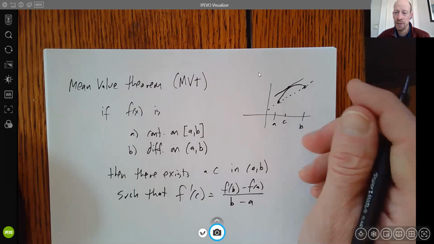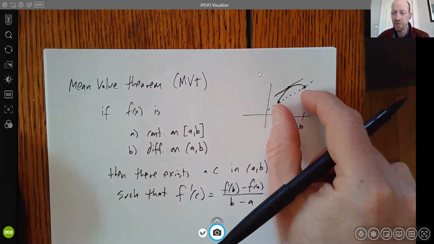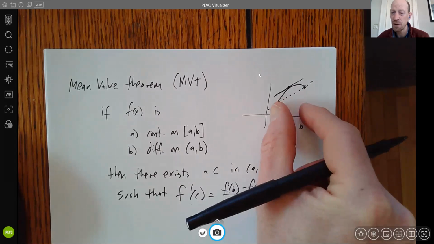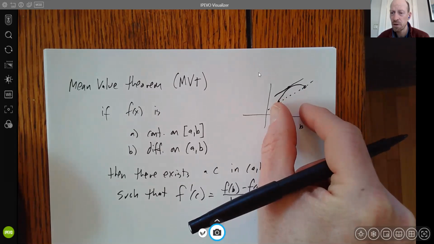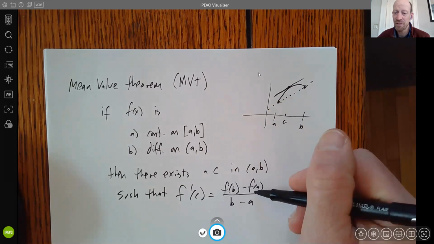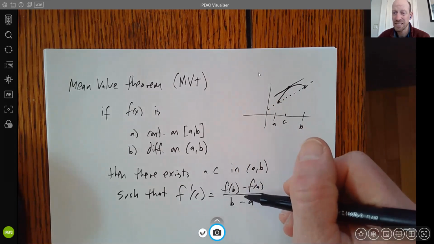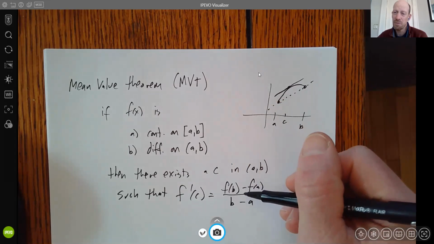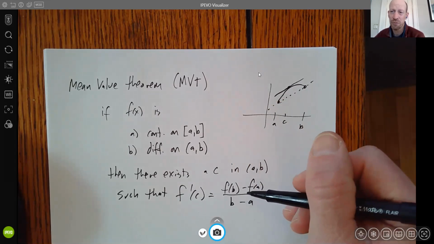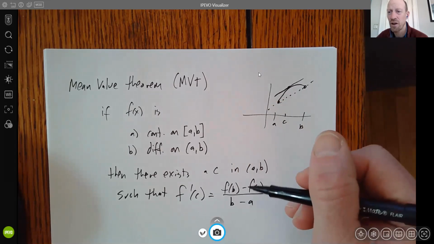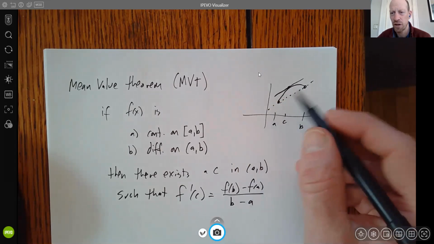And certainly, notice if f of a and f of b are actually equal to each other, like in Rolle's theorem, then f of b minus f of a would be 0, and we guarantee the derivative is 0, which is exactly Rolle's theorem. So the mean value theorem takes care of the Rolle's theorem case as well as all the other cases where the endpoints aren't equal.